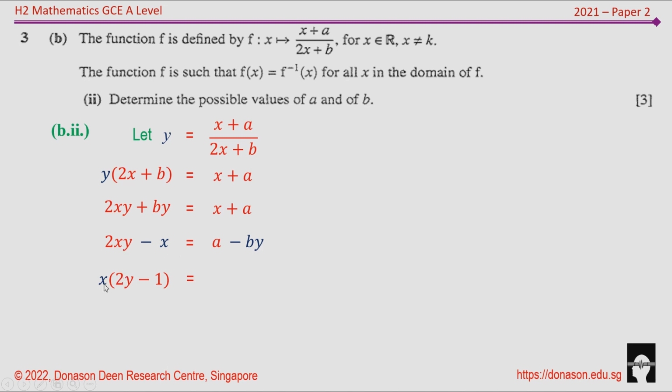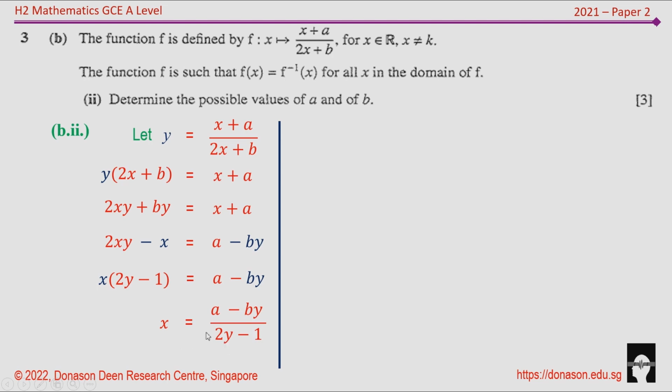Now for these two terms, the common factor is x. So let me factorize out x, and if I take out the x, I'm going to have 2y, and from this, since I have already taken out x, that's going to be a 1. So x times (2y - 1) should be equal to a - by. Now if I isolate x, it's going to become (a - by) over (2y - 1).